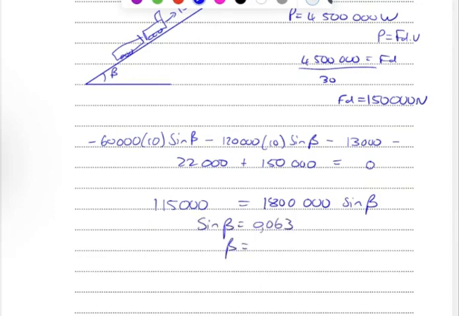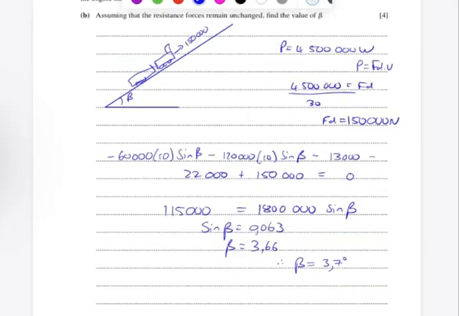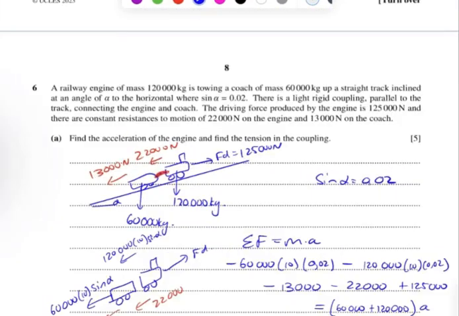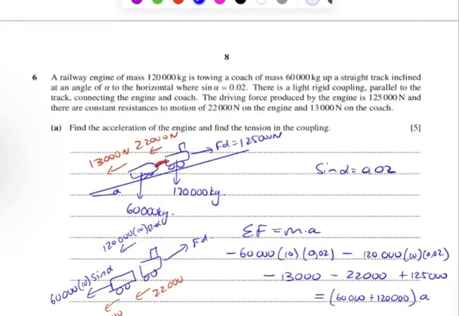Okay, really strange. What do I eventually get this as? Beta is now 3.66. And they always say round to degrees to one decimal place. So 3.7 degrees. Cool. Let's just quickly look. Is that now steeper or less steep?